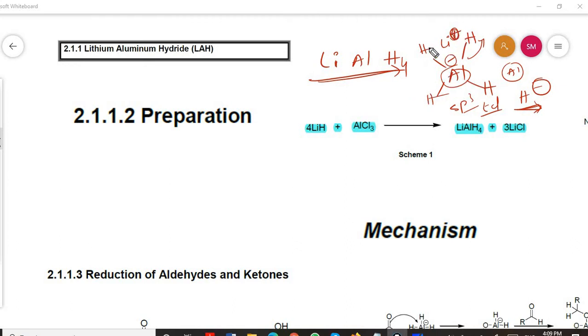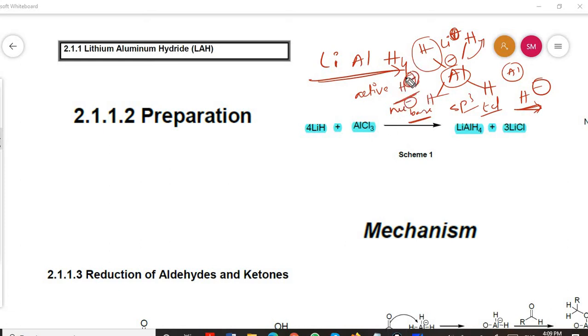In lithium aluminum hydride, the active reagent is H minus, which acts like a nucleophile as well as a base, depending on the reaction system.